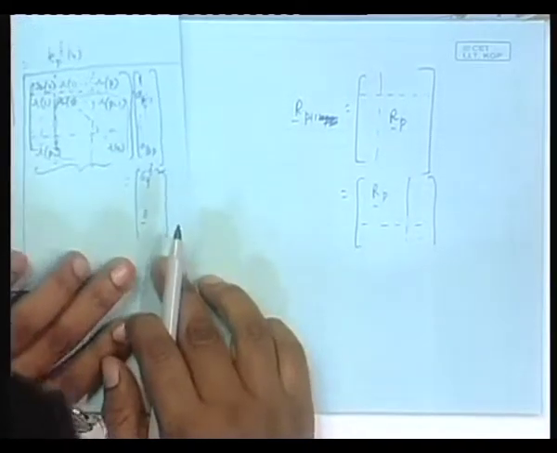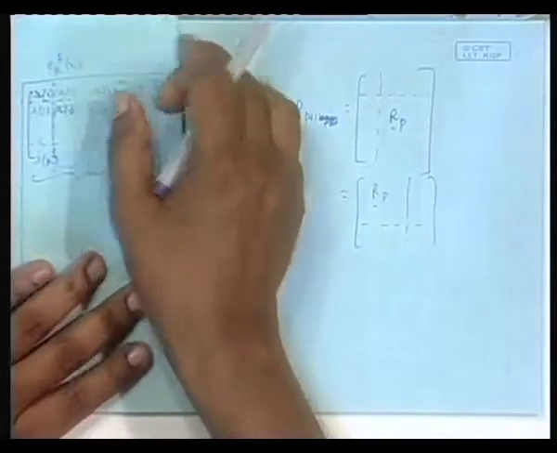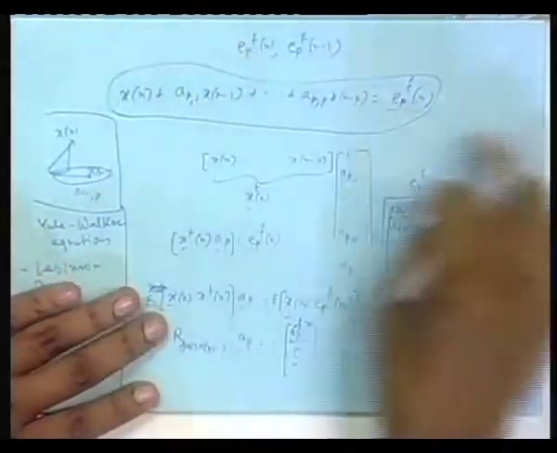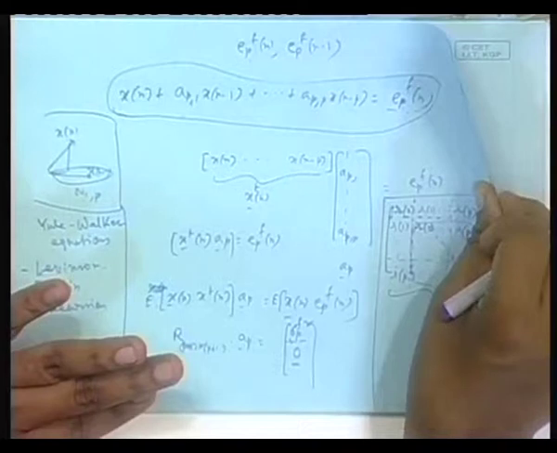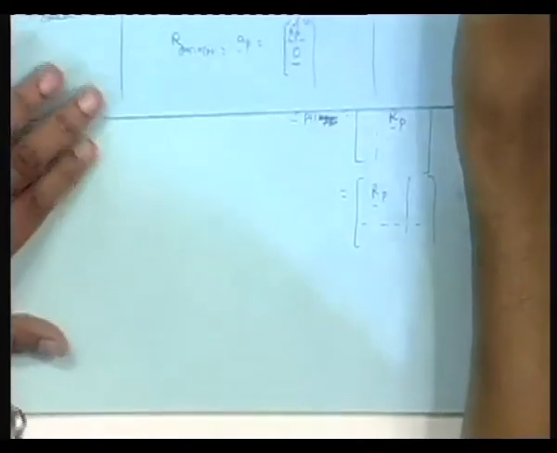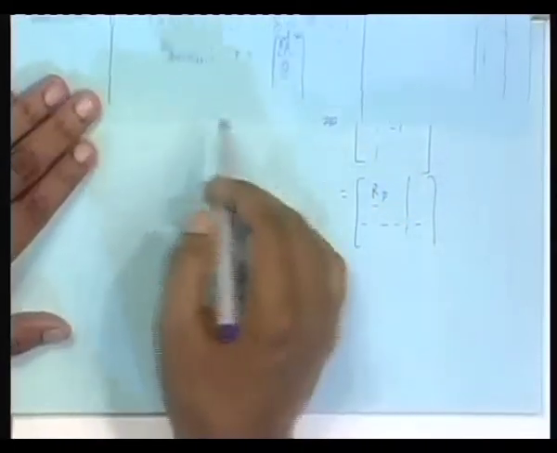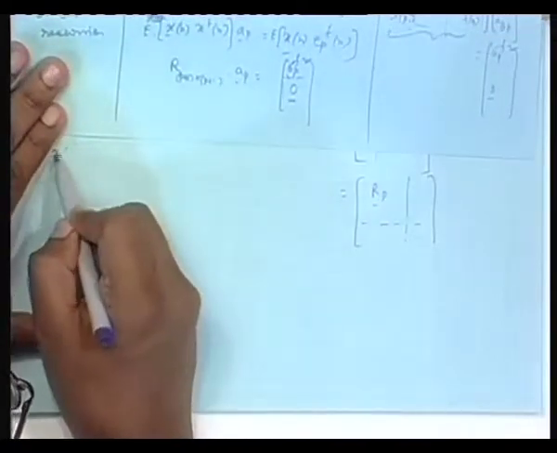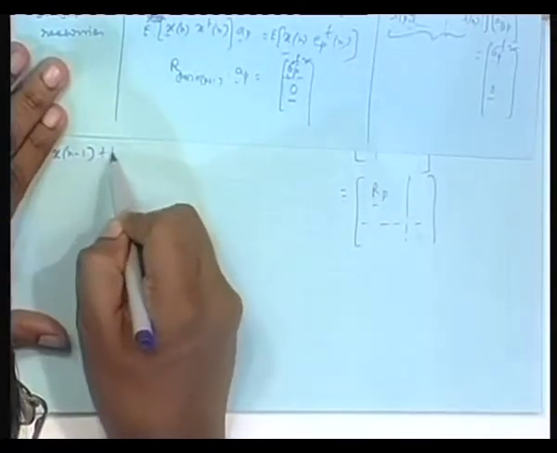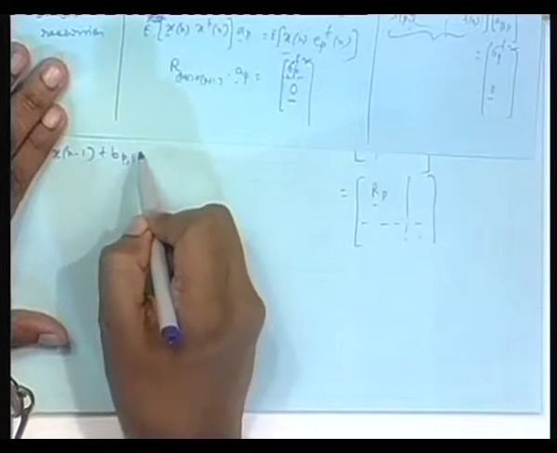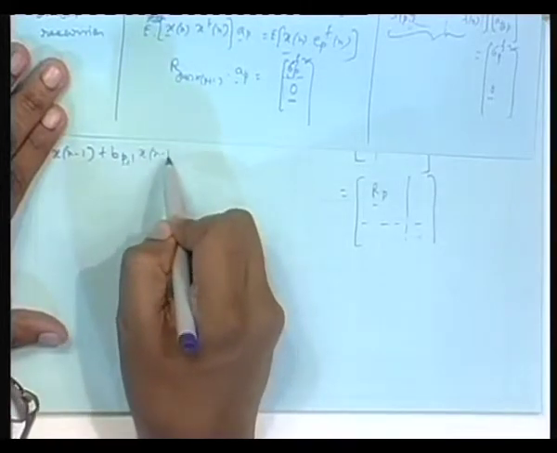Why not also solve another equation, which is actually the backward prediction equation? What is the backward prediction equation?